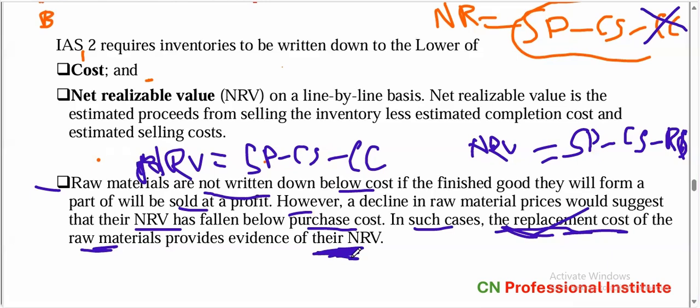Now, what is the replacement cost? Replacement cost is not the same as the actual cost or the historical cost. Replacement cost is the cost to replace an asset or inventory at the current market price, or the price that would be paid to acquire the same or similar asset today. Follow me. Whilst the historical cost or actual cost is the cost actually incurred, the price you paid for the asset or inventory at the time of purchase.